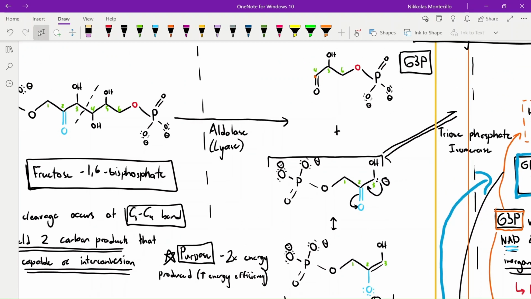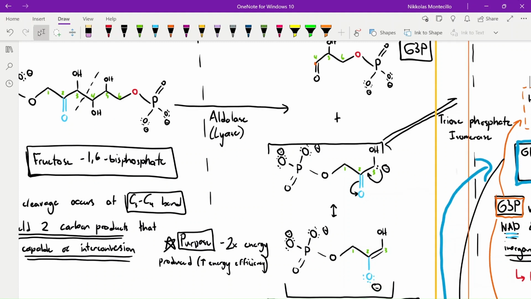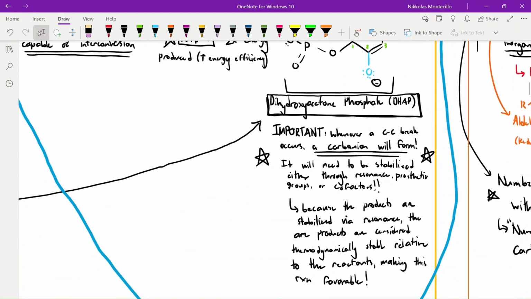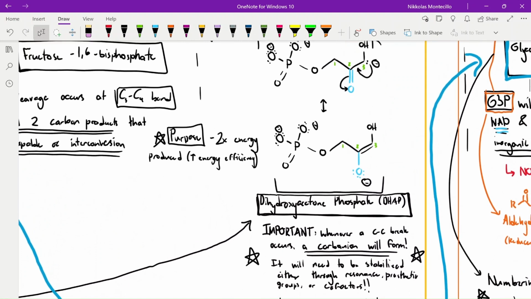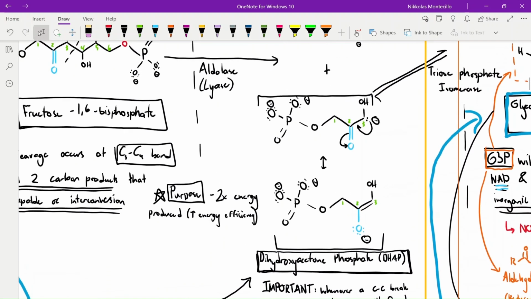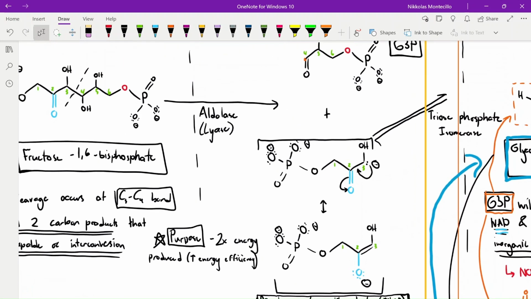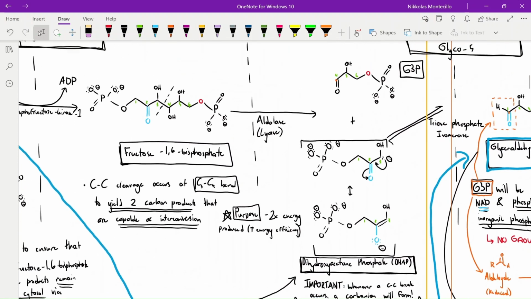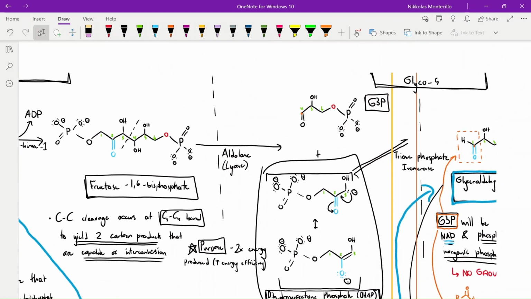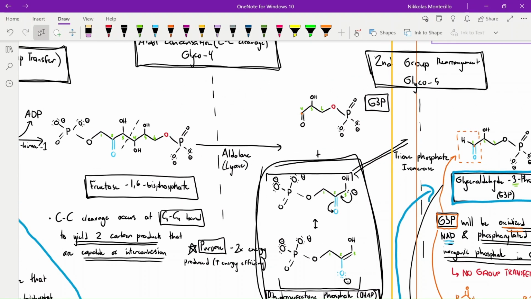So technically the products relative to the reactants would be considered thermodynamically unstable, but because there exist prosthetic groups or cofactors, and the idea of resonance, the products become relatively stable compared to the reactant, which is fructose 1,6-bisphosphate. What I mean to say is that this reaction here is favorable because of several factors.